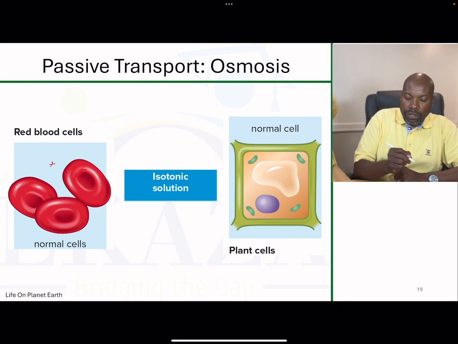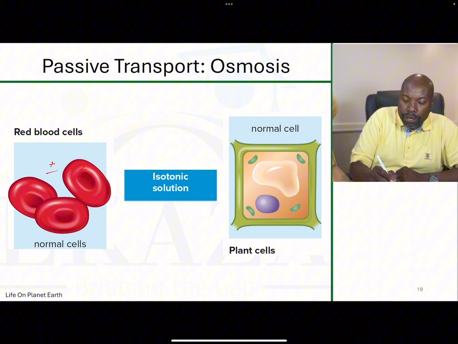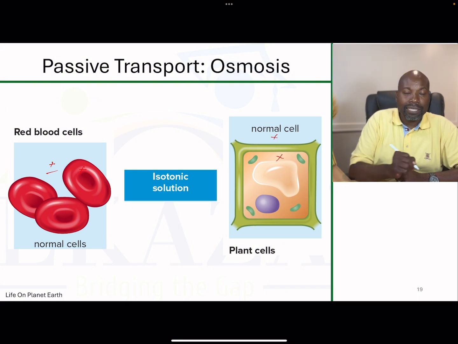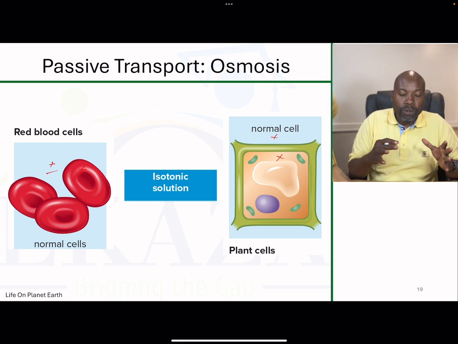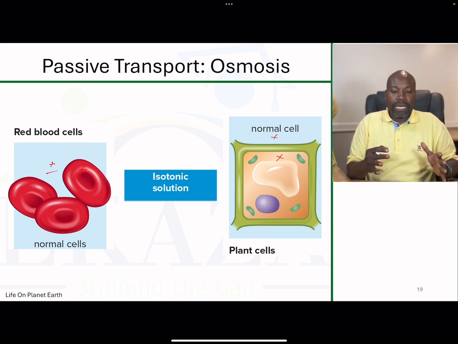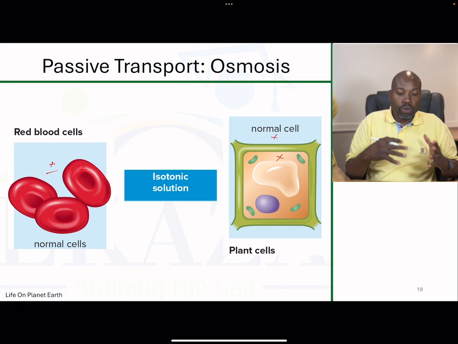By the same token, that's for the animal cell. For the plant cell, same thing. You have as much solute outside of the cell as you have inside of the cell. So this is the ideal condition metabolically for the cells to thrive.